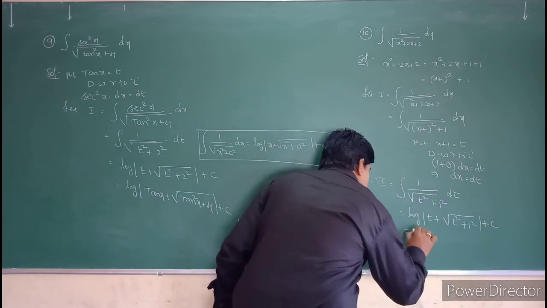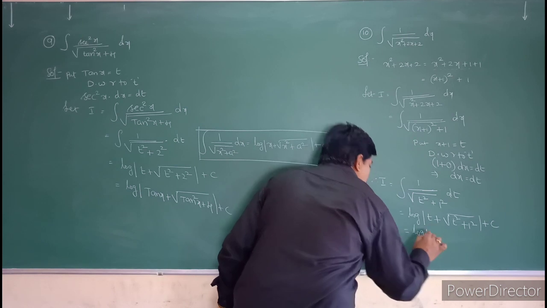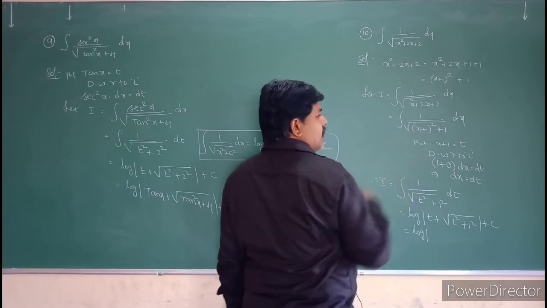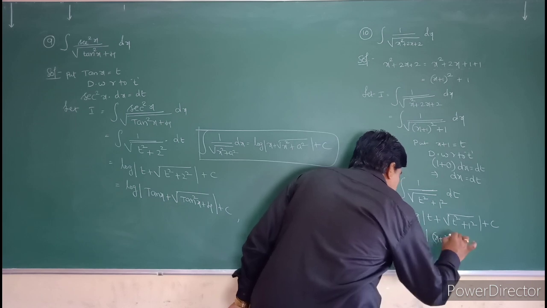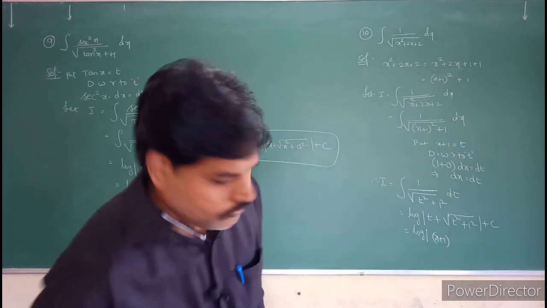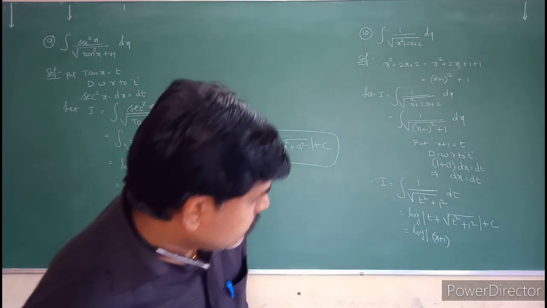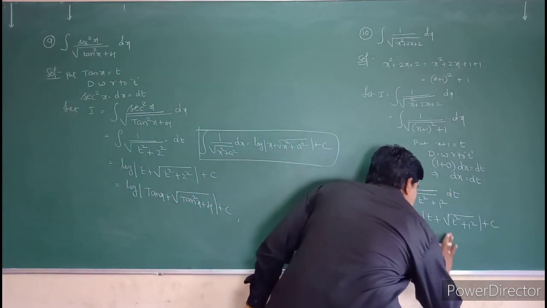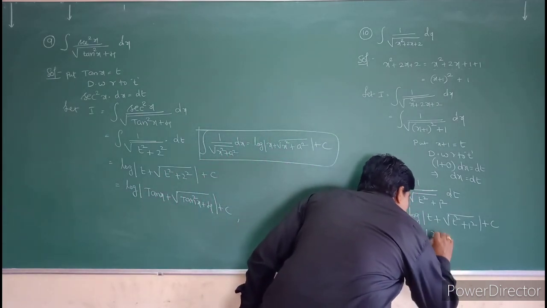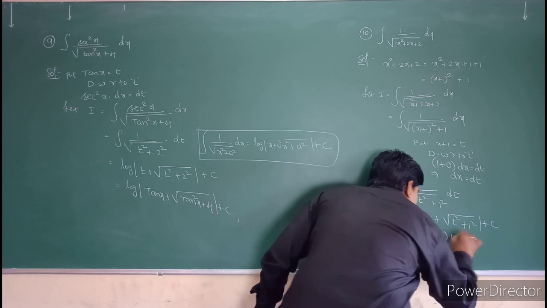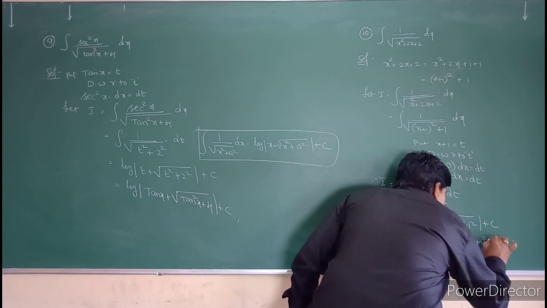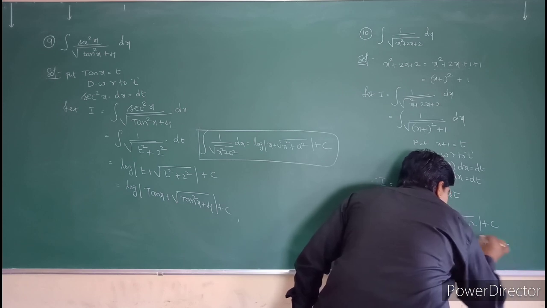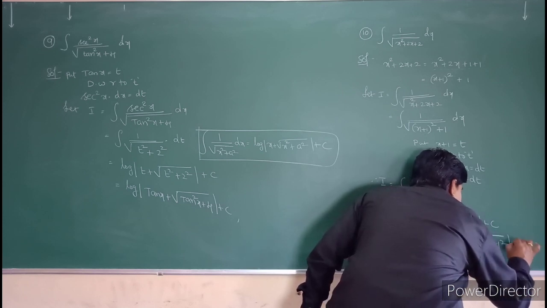What is the t value? The t value is nothing but x plus 1. You can replace that. So that is x plus 1 plus root of x plus 1 whole square plus 1 square plus c.